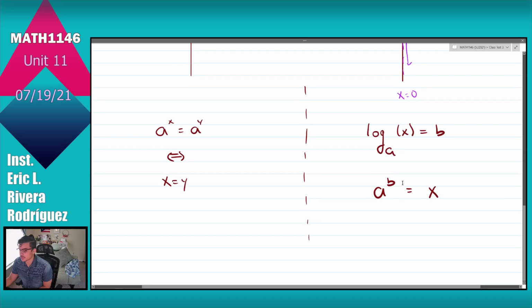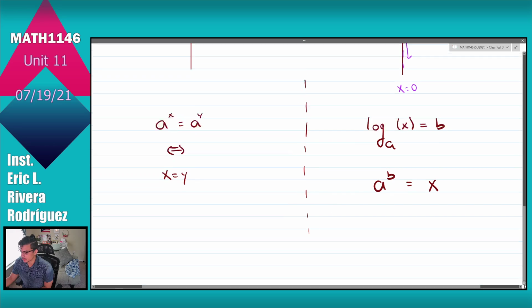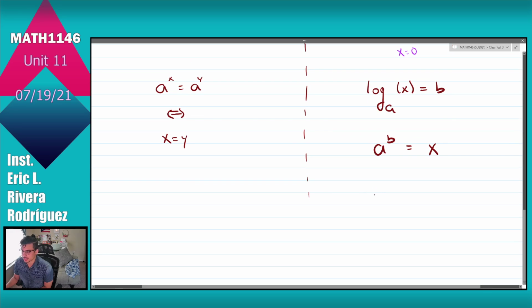Let me give you an example to give you a better explanation of this. So let's say log base 2 of 8. Go to your calculator and tell me what is the value of this. Brenna, you said 2.